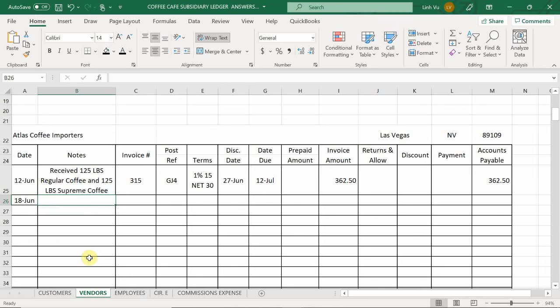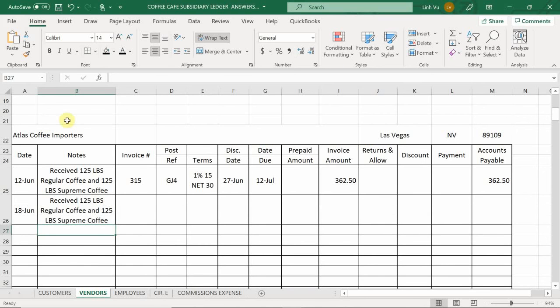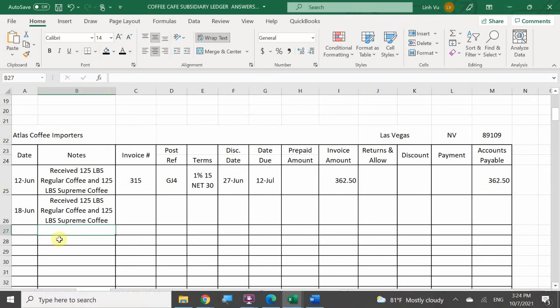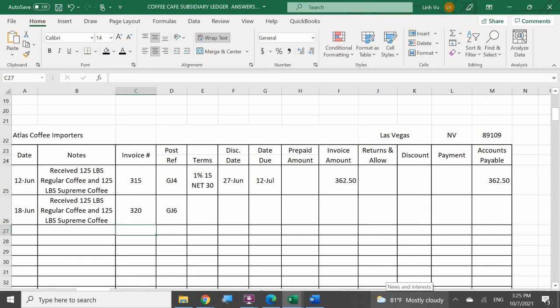So we received invoice 320 for 125 pounds of coffee. You put the invoice number, 320. And here we have page 6, terms 1%, 15, net 30.